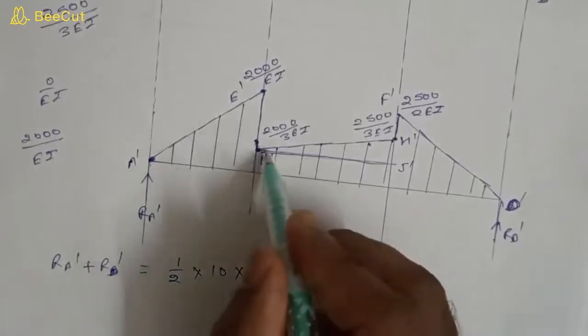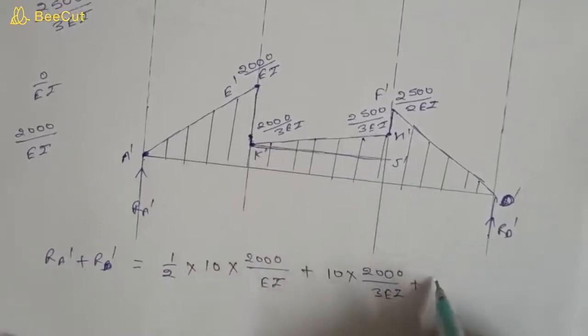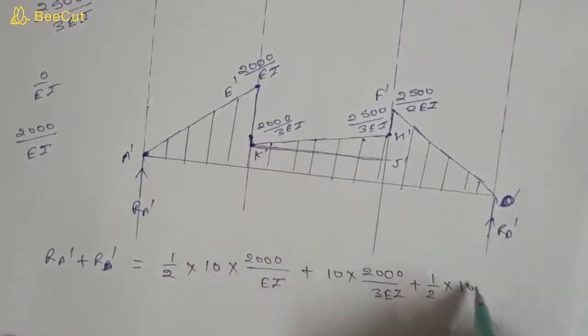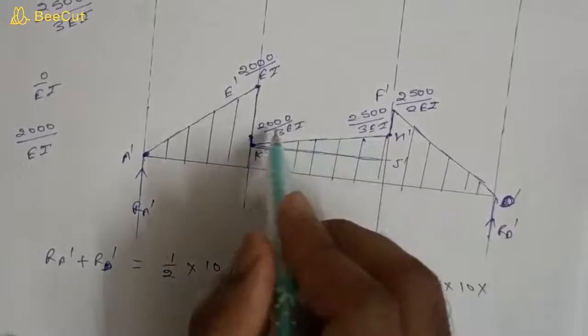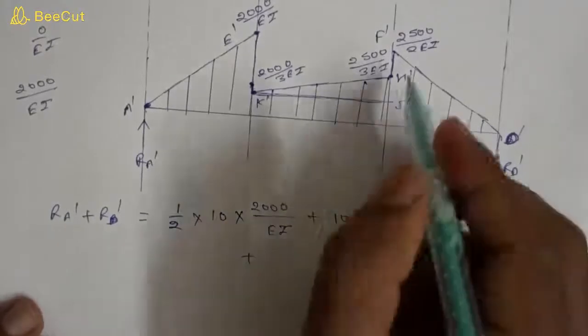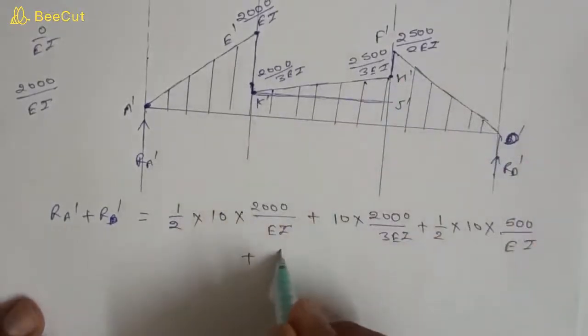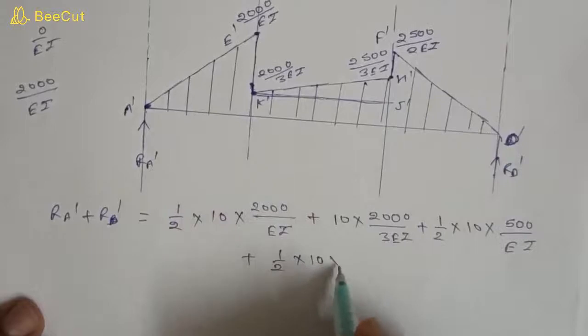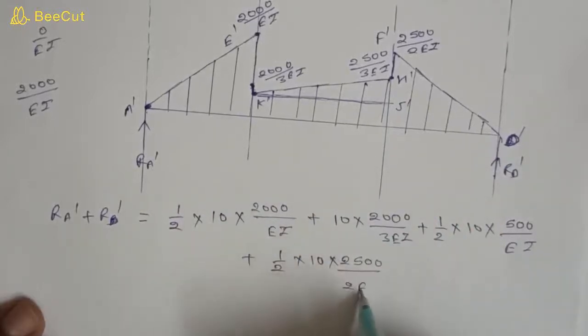plus the triangular load, half into base 10 into height 2500 minus 2000 equal to 500 upon EI, plus this triangular load, half into base 10 into height 2500 upon 2EI.